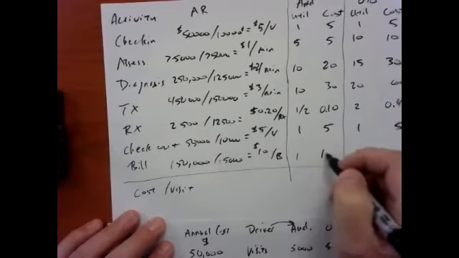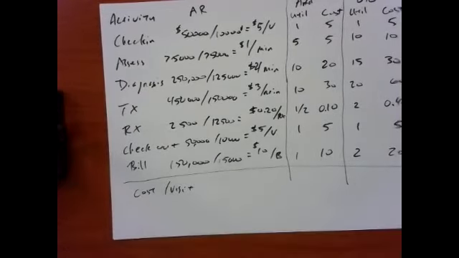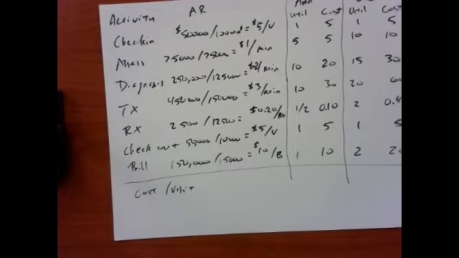So 1 times 10, 2 times 10 is 20. And we're done with estimating the cost per activity. And now we can roll up all these costs to determine what is the average cost of an audiology visit versus the average cost of an otolaryngology visit.